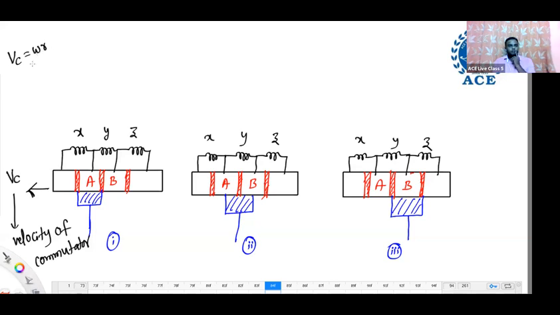What is omega? 2 pi N by 60, speed in radians per second, converted in terms of speed, multiplied by the radius of the commutator. Now here, I will write it as pi D N by 60. This is the velocity of commutator equation.